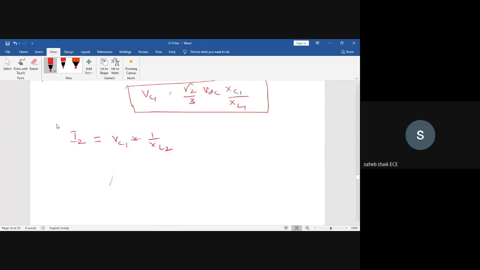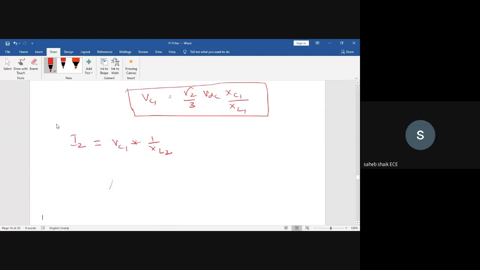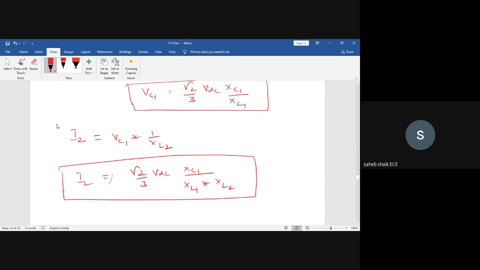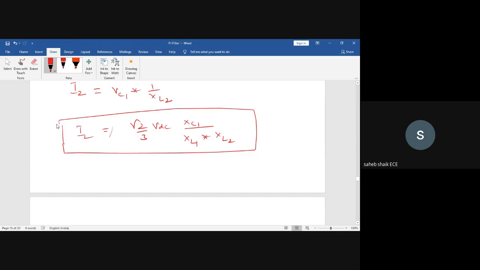So you substitute the VC1 value here: root 2 by 3 VDC into XC1 by XL1 into 1 by XL2. This is I2. Is this okay?